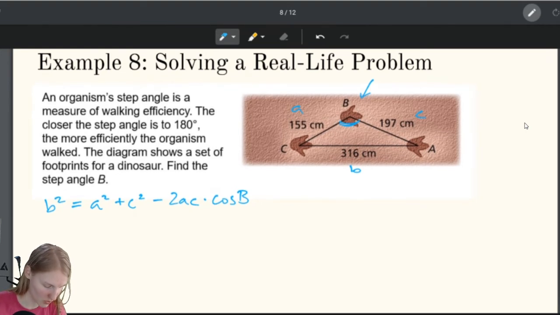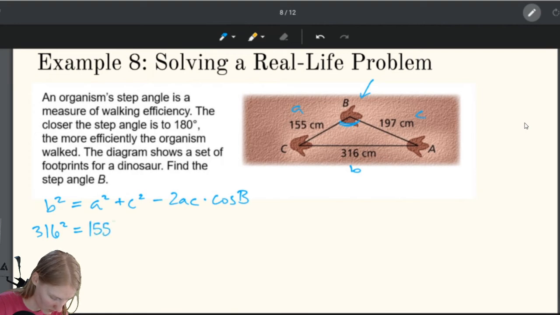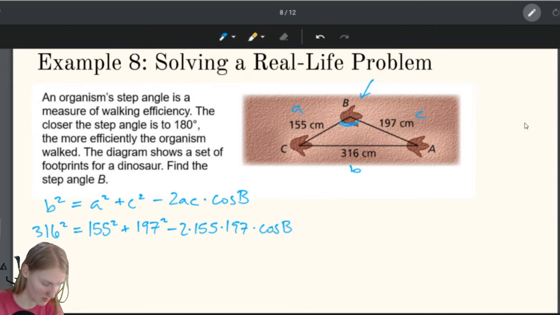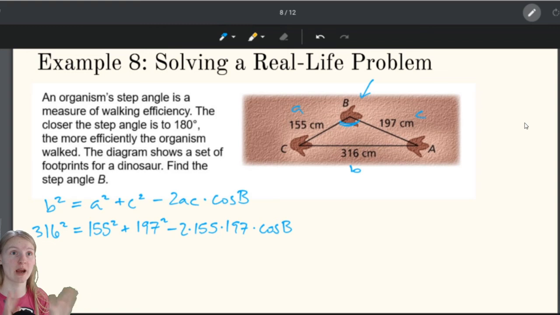And now, remember, I am just going to plug in all of those numbers. So B was 316 squared equals A, 155 squared, plus C, 197 squared, minus 2 times A times C times cosine of B, and I do not know what angle B is. If I square those numbers and write them all out, it's going to be way too long.